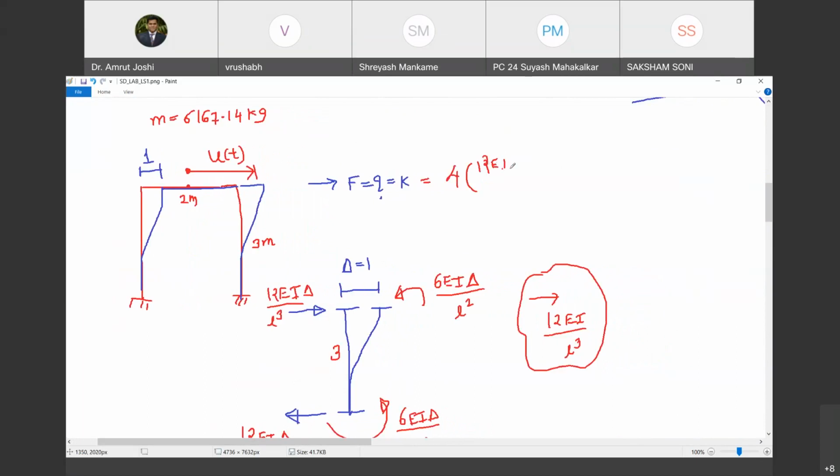Do you agree with me? Please type your response in chat box. Have you understood how I arrived at K? Type your response in chat box. Yes. So therefore, this is going to be equal to 48EI upon L cube.